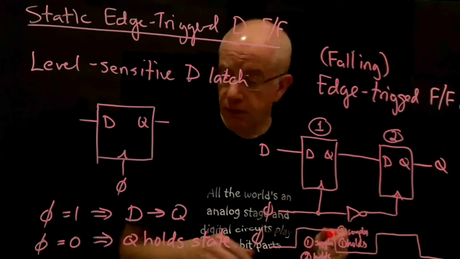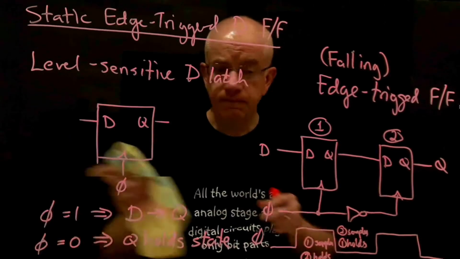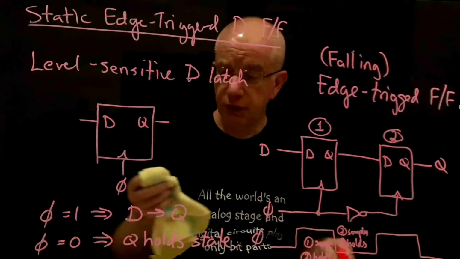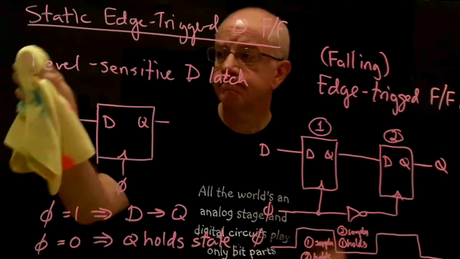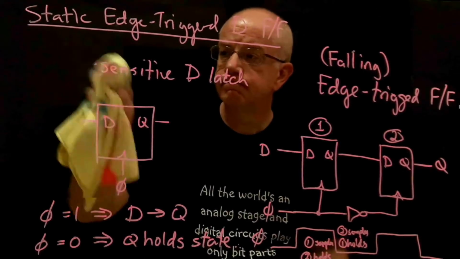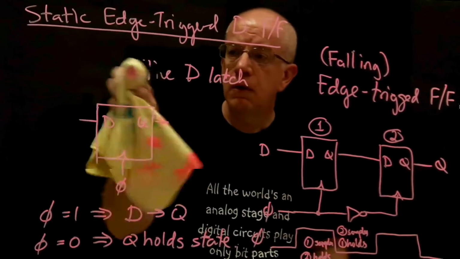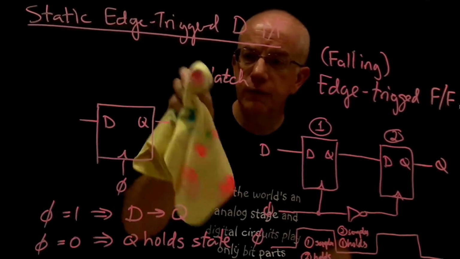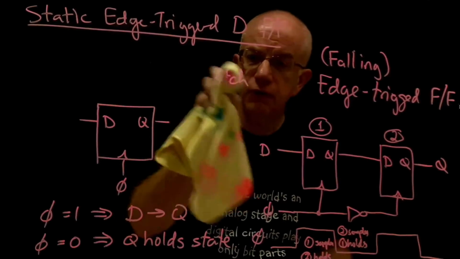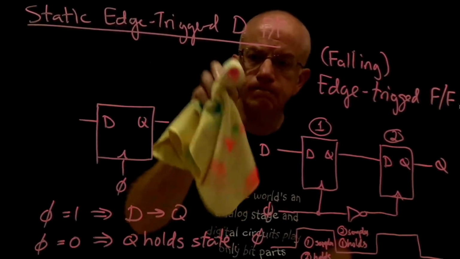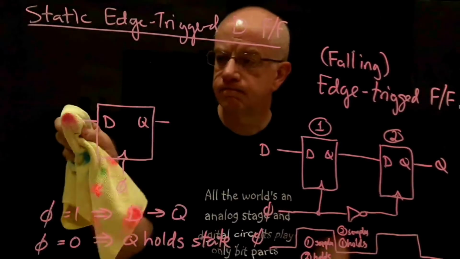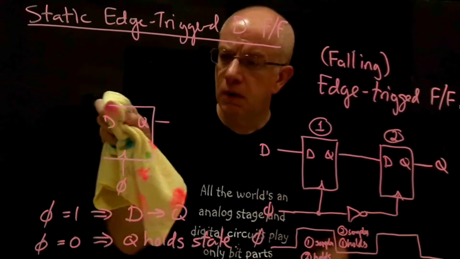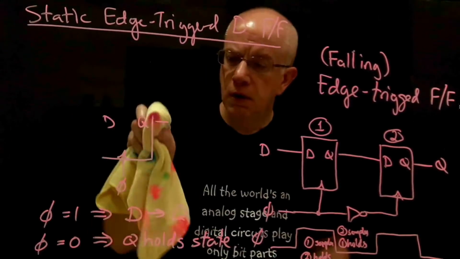If we wanted to, we can rearrange this very easily to make a rising edge triggered flip-flop, by simply putting the inverted clock into the first latch.